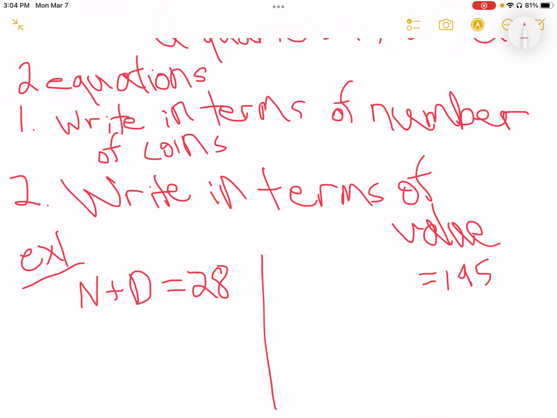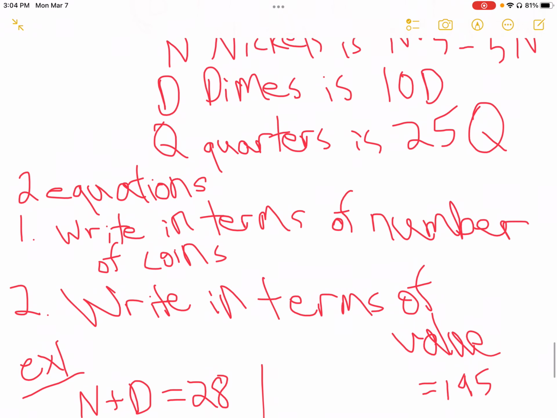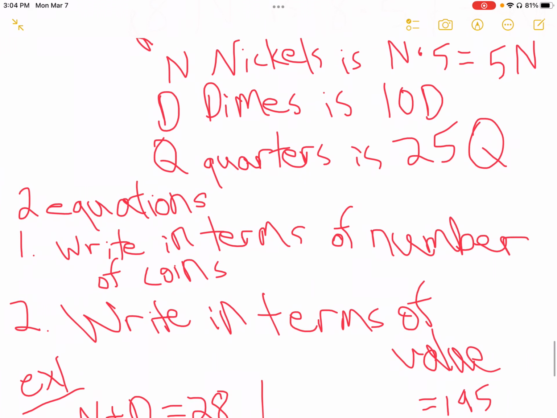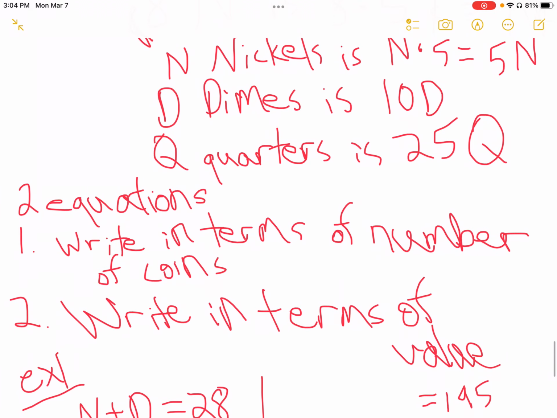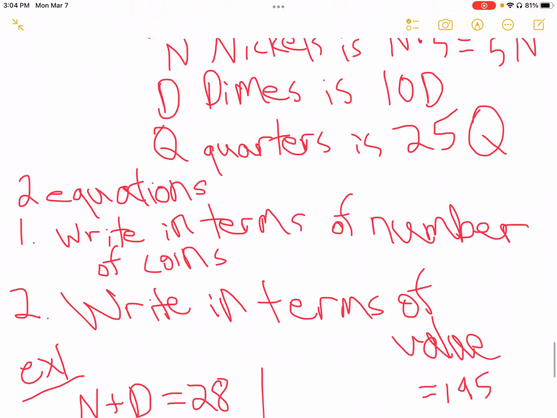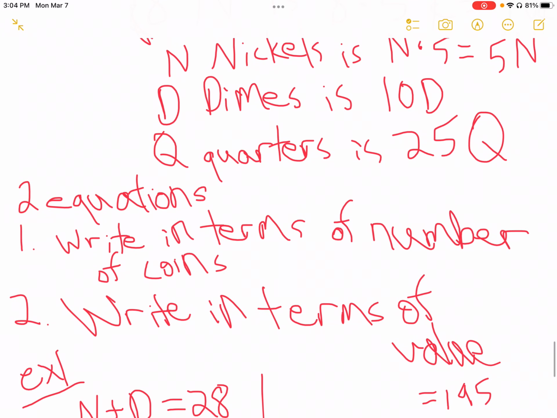Now, if we only have nickels and dimes, let's think about what we said up here. Nickels are each worth 5 cents. So 5 times however many nickels we have gives the total. If I have 5 nickels and multiply by 5 cents, I get 25 cents.